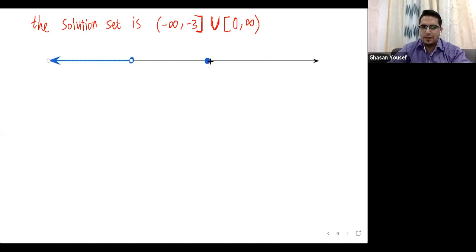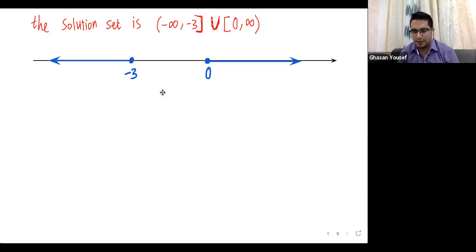All numbers less than minus 3 and all numbers greater than 0. So here minus 3 and here is 0. This is the sketch for the solution. Makes sense? Any question? Is it clear what we did here? Natasha said yes, it is clear.